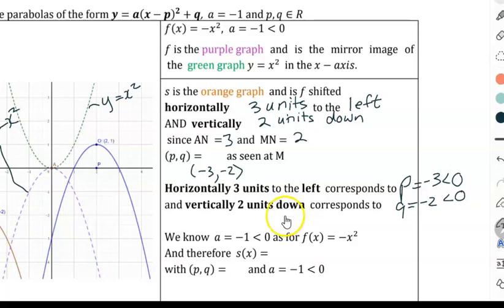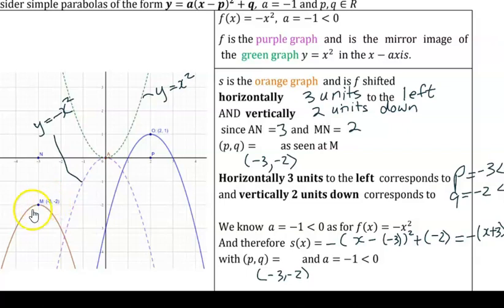And since we know that A is minus 1 as for f of x, therefore my S is equal to minus, then I just plug in my P value plus my Q value, and if I simplify I get minus x plus 3 squared minus 2. So there's my function. And again my PQ is just minus 3, minus 2. I've got an A value of that. This was my orange graph. From there I've moved it 3 units to the left and 2 units down to get the orange graph.